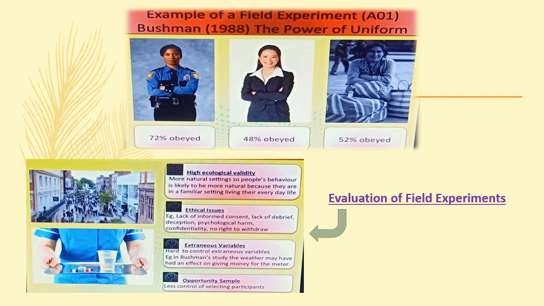Then there are extraneous variables. That means it is hard to control extraneous variables. For example, in Bushman's study, the weather may have had an effect on giving money for the meter. And lastly, opportunity sample, less control of selecting participants. So out of this, only one part is regarded as advantageous, and the other three parts are the disadvantages of the field experiment.